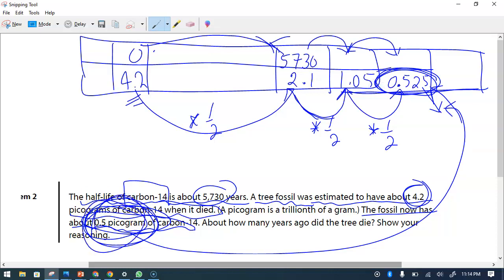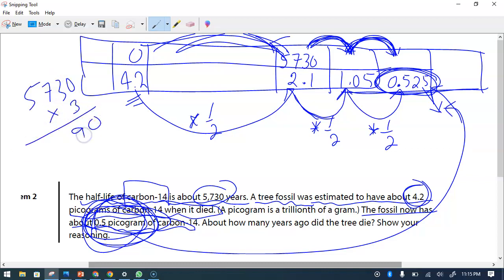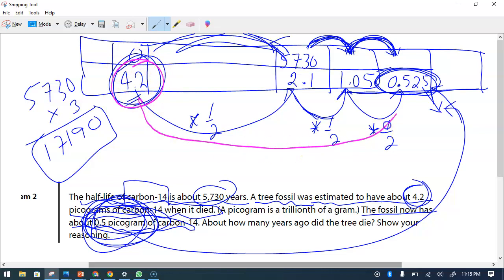So how many years do you see? This is 5,730, so three groups of 5,730. So it's going to be 5,730 multiplied by 3 times, which is 17,190 years. So after so many years, this 4.2 picograms will change to 0.5.